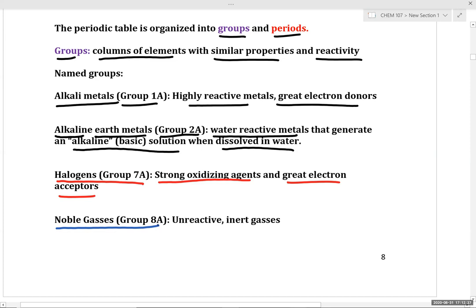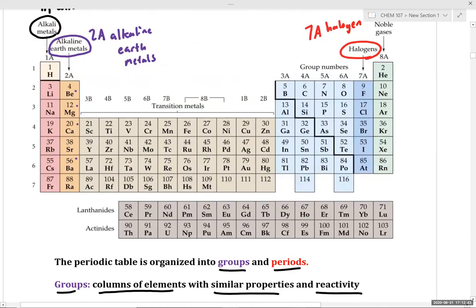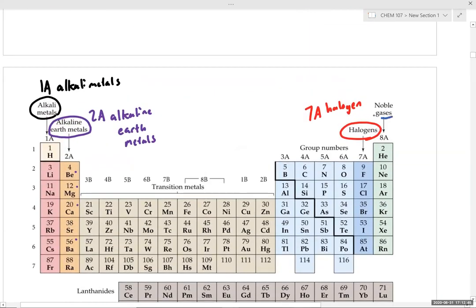These are group 8A elements, and these are unreactive inert gases. So our group 8A elements are known as the noble gases. And noble gases in general are relatively unreactive or inert gases.